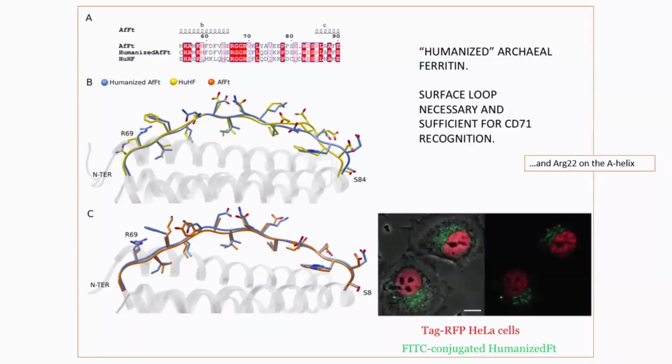So you may see, for example, here we have a tyrosine, here we have an arginine. So the key residues are there and they are in the same position. So it potentially binds, and of course we are now producing the complex between the engineered ferritin and the receptor to prove again that the structures are the same, and of course to see if there are other changes that we may introduce in order to improve binding, which can be much more easily deduced if you have the actual complex rather than a simulated one.